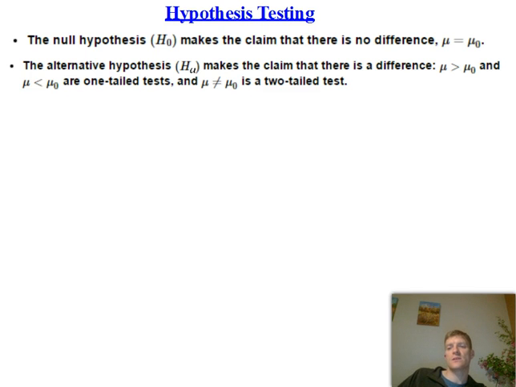In that situation, where it's greater than or less than, that becomes what's called a one-tail test. When we express it like this, where the mean is just not equal to the population parameter, it's called a two-tailed test because it could go either way. It could go less than, or it could go greater than, and we're not being specific on which direction we're examining.